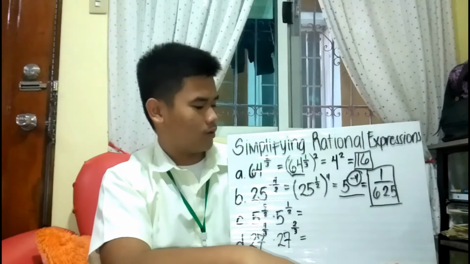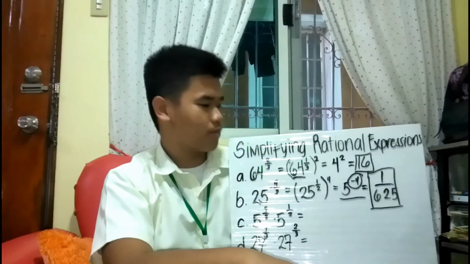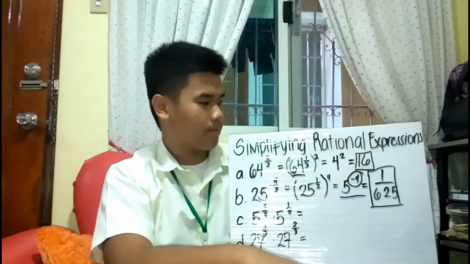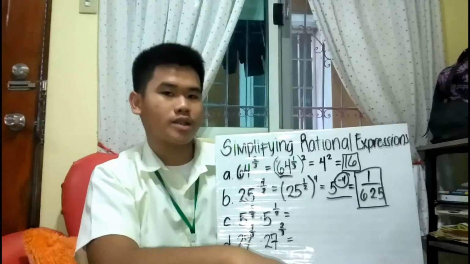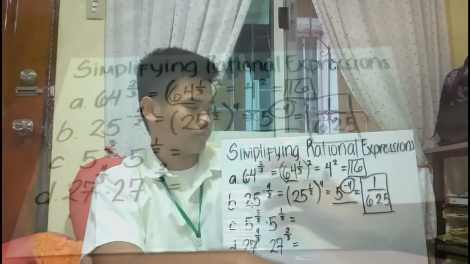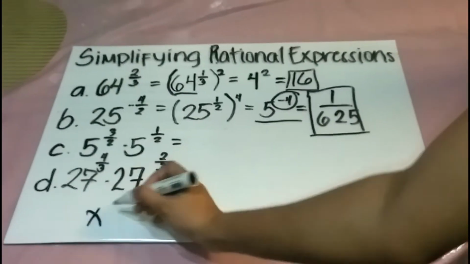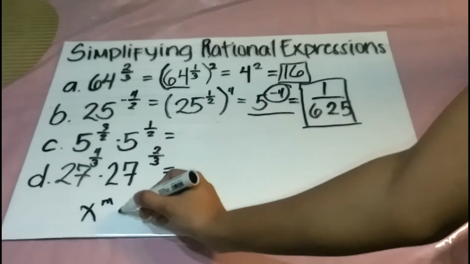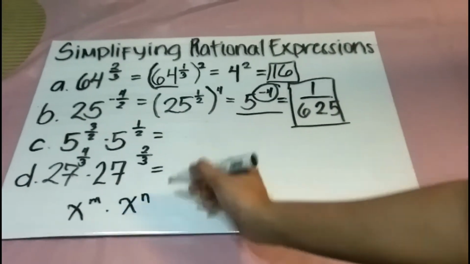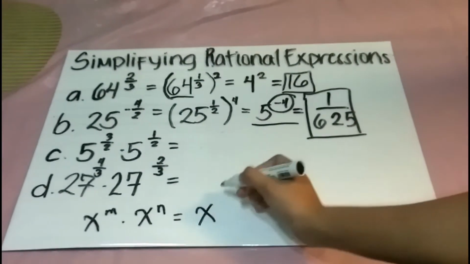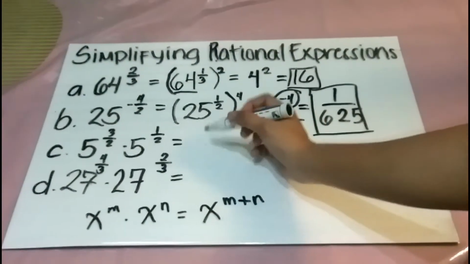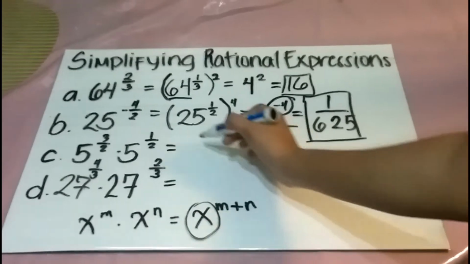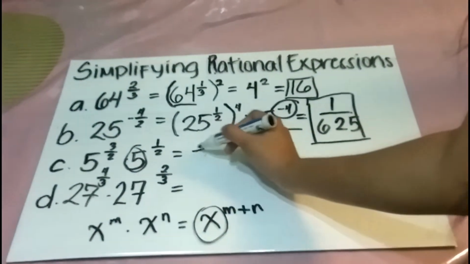Now in this example, we'll be using the product rule for exponents where x raised to m times x raised to n equals x raised to m plus n. In this problem, x is equal to 5.